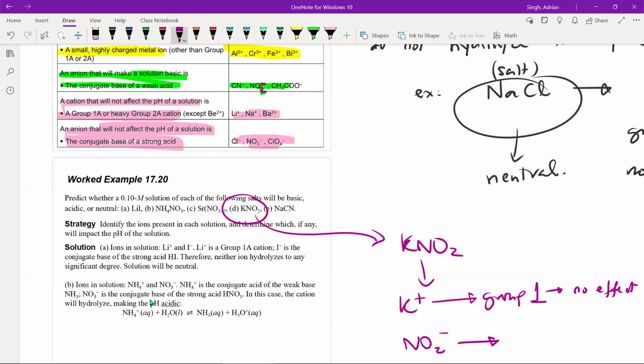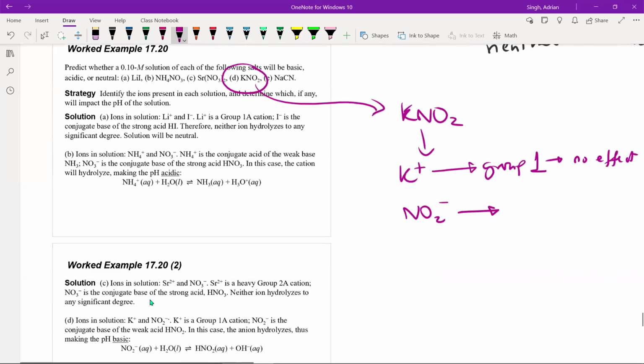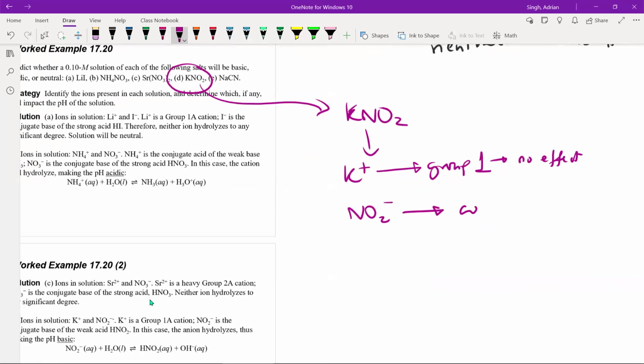The NO2 minus, right, this is the conjugate base of HNO2, nitrous acid, and HNO2 is a weak acid.